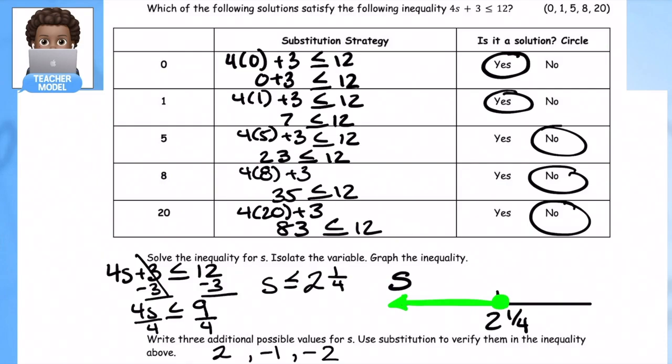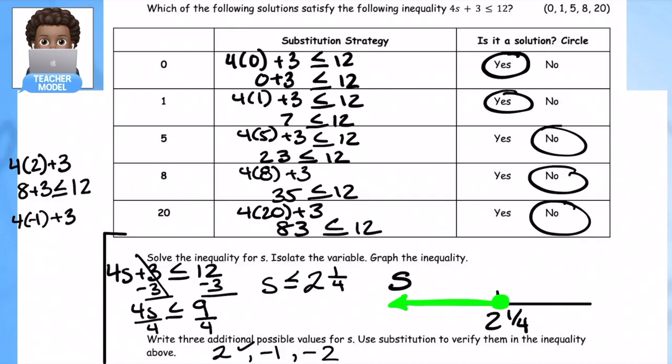So let's try the 2 first. 4 times 2 plus 3, and that is 8 plus 3, and that is less than or equal to 12. So 2 works. I'll try -1. 4 times -1 plus 3. So -4 plus 3, which is -1. -1 is less than 12, so that one works.